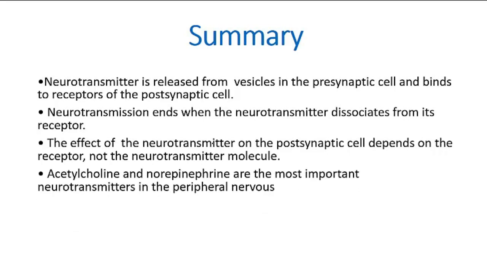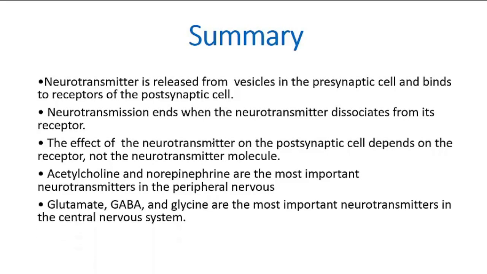Acetylcholine and norepinephrine are the most important neurotransmitters in the peripheral nervous system, while glutamate, GABA and glycine are the most important neurotransmitters in the central nervous system. Glutamate works as an excitatory neurotransmitter in the CNS, while GABA and glycine work as inhibitory neurotransmitters in the CNS.